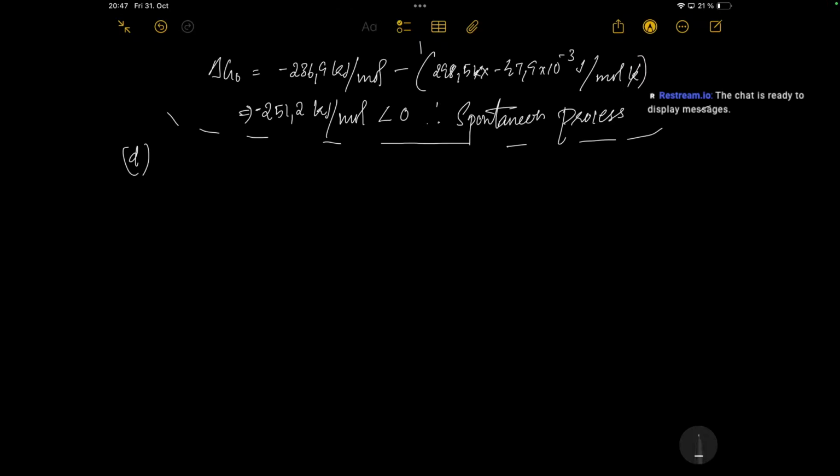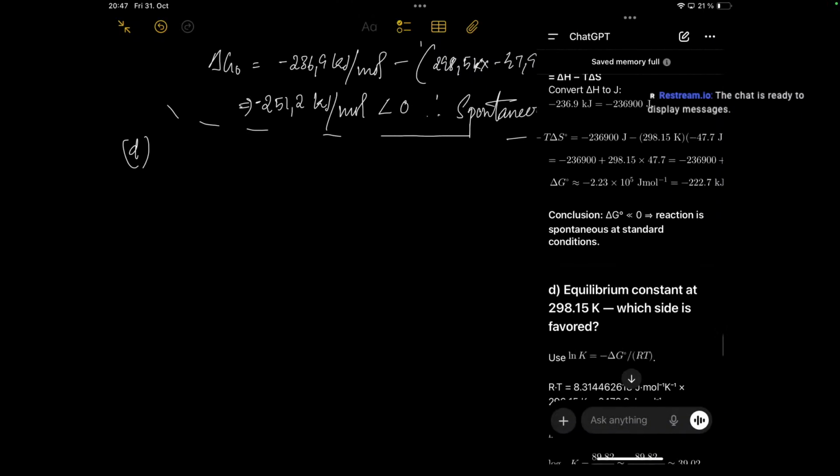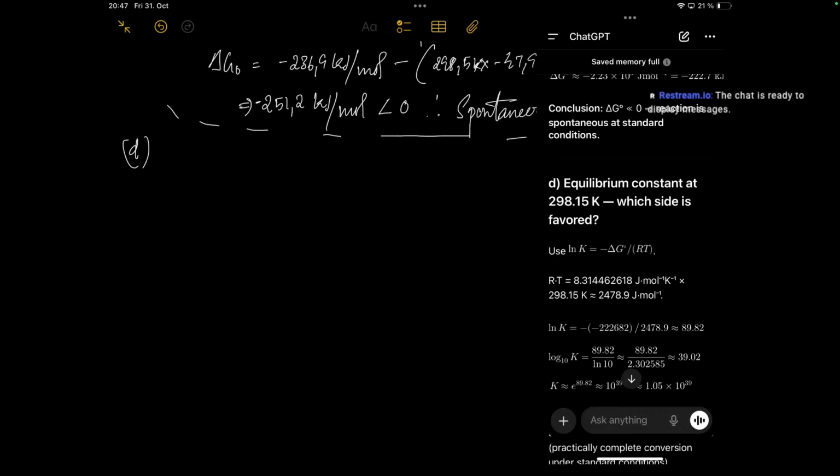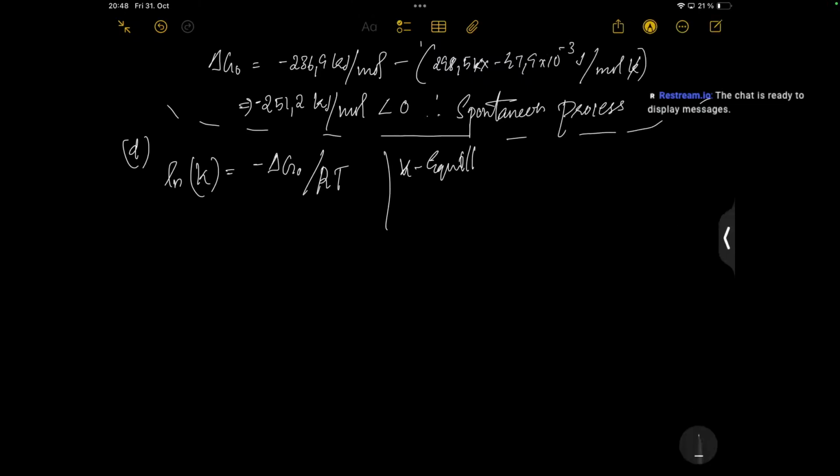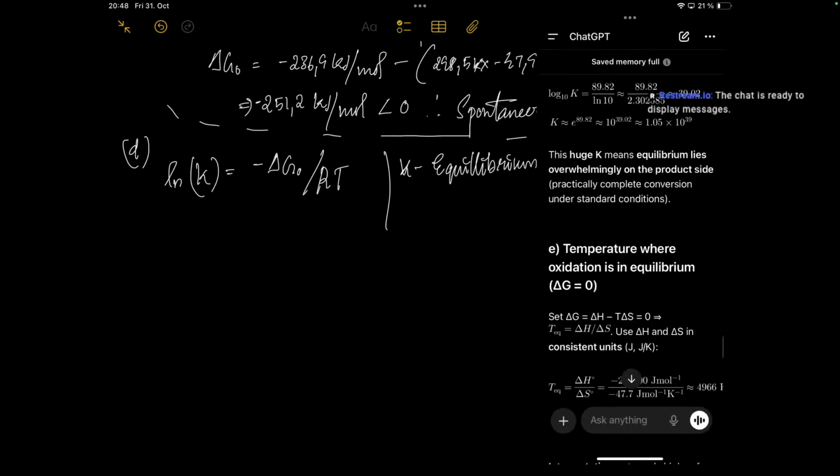What was part D? Is that the Boltzmann? Yeah. What's the name of the equation?